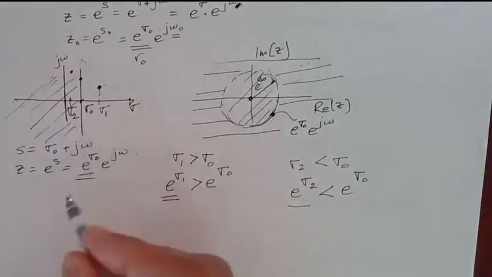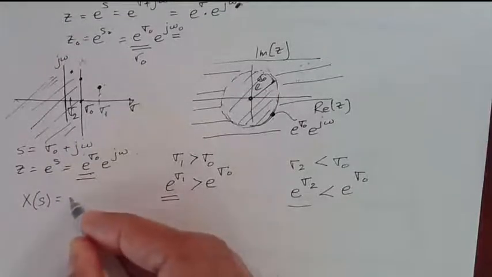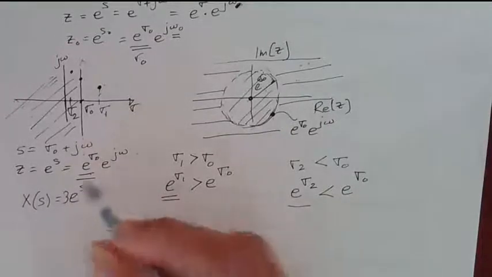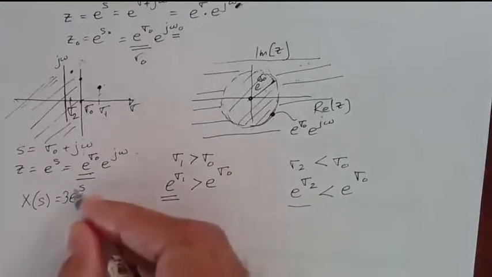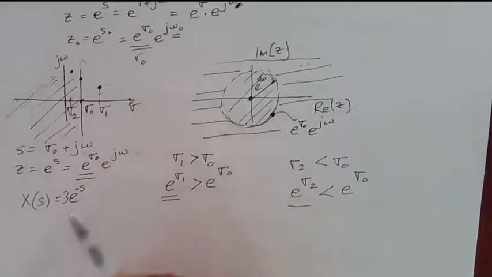And so let's suppose I have some X of s equal to, say, 3e to the minus s, just to make it different from this. Now, if I look at it the way we've been looking at it up till now, in the Laplace domain, it doesn't have a pole because it doesn't blow up for any finite values of s. But if I take s to be minus infinity, then it does blow up.